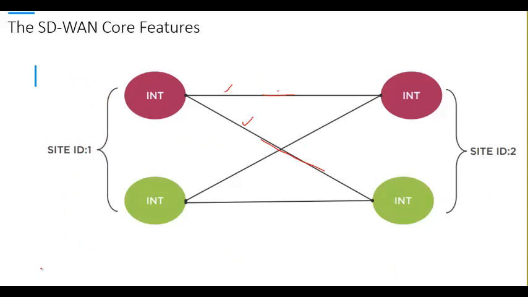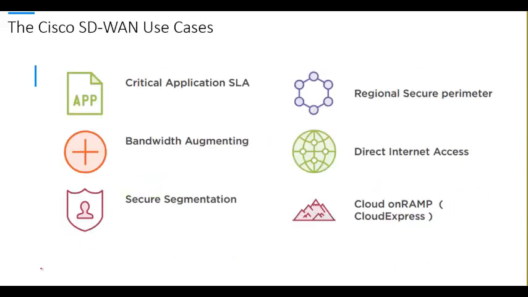Right. Next is use cases in SD-WAN. Critical application SLA. Bandwidth augmenting. What is augmenting? Bandwidth increasing, you can say.